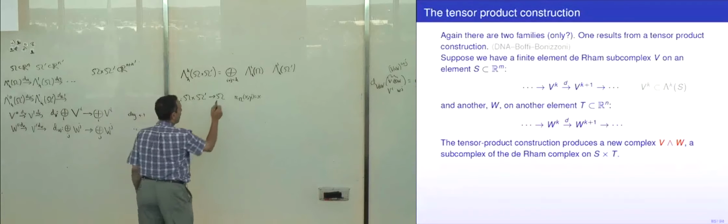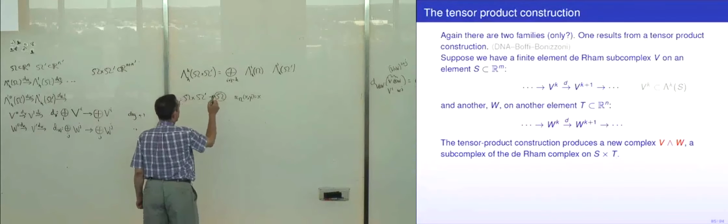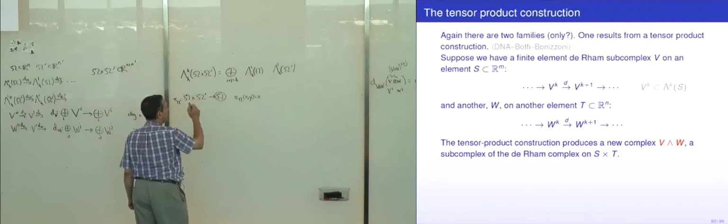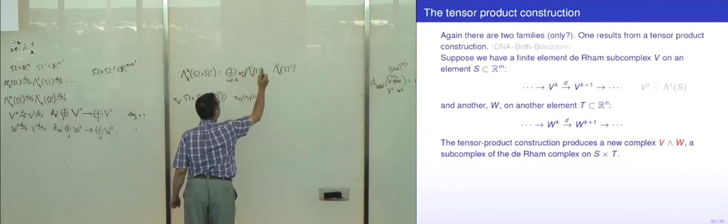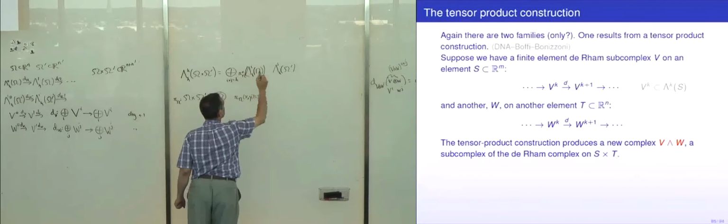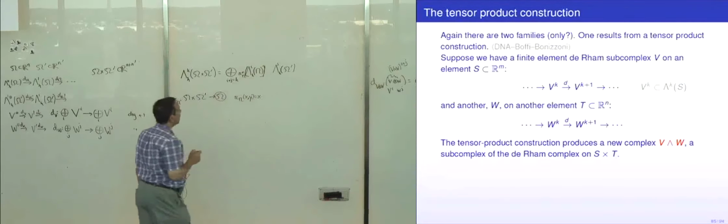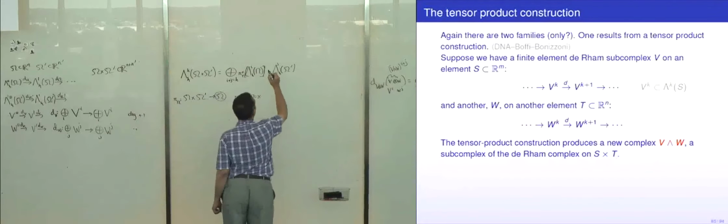So I can pull back differential forms on omega by this map to differential forms on omega cross omega prime. So I do pi omega star of this, and I can pull back these omega prime forms using pi omega prime.